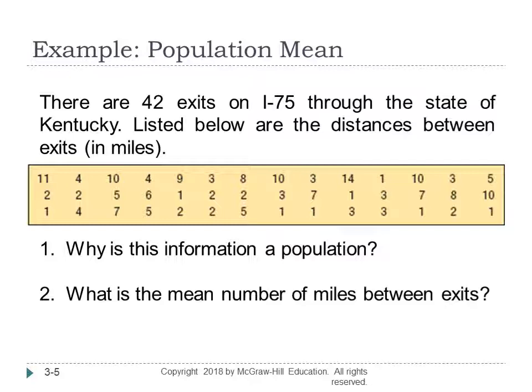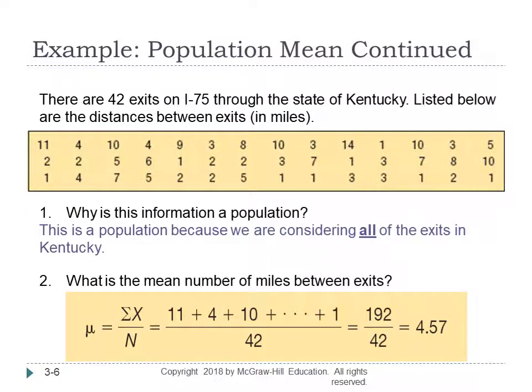Why is this information a population? Well, this is a population because we're considering all the exits in Kentucky. So our data now represent numbers, which are the distances between exits in Kentucky.